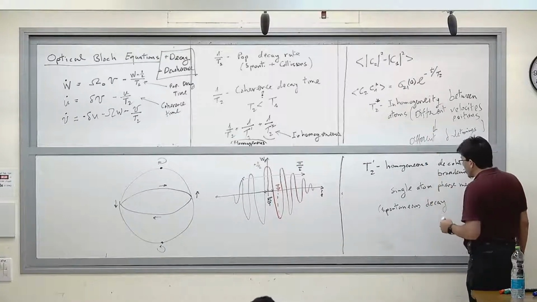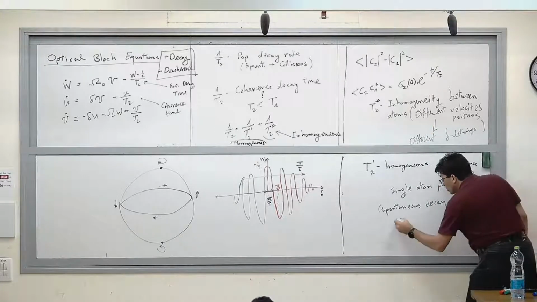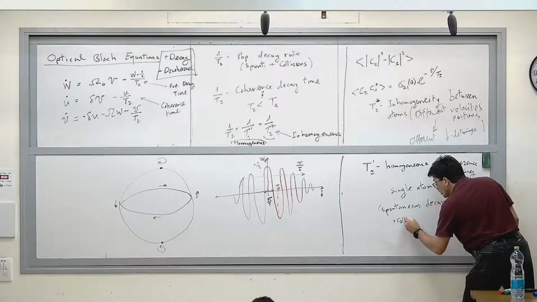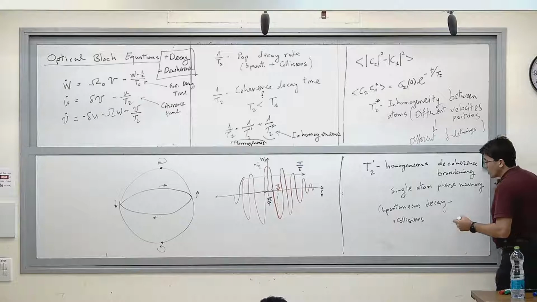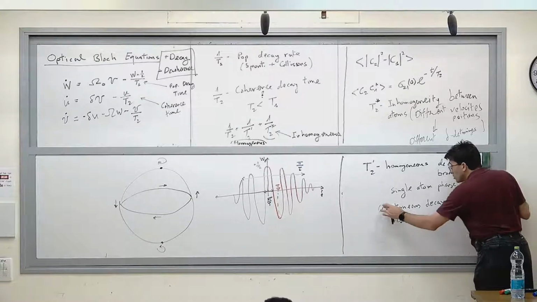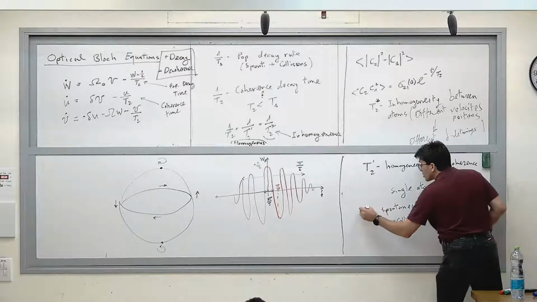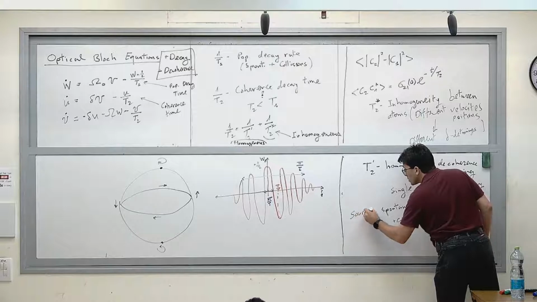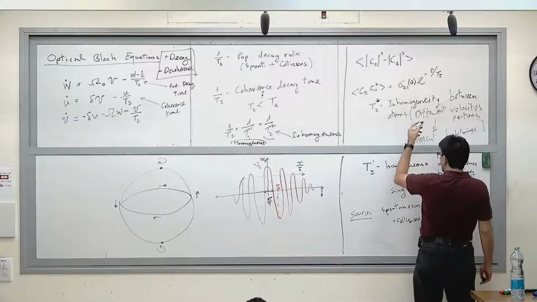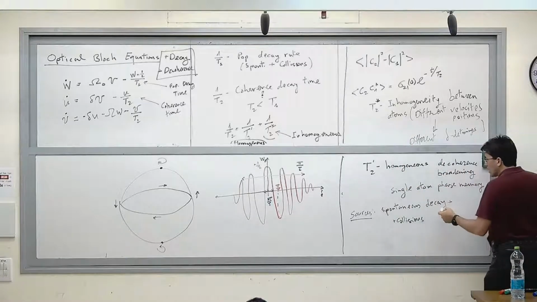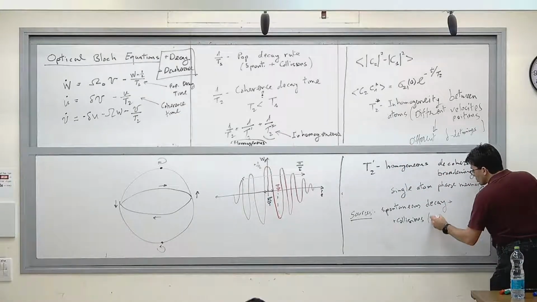So the same one that we had before, but also collisions, which in other terms is called pressure broadening. So these are the sources.